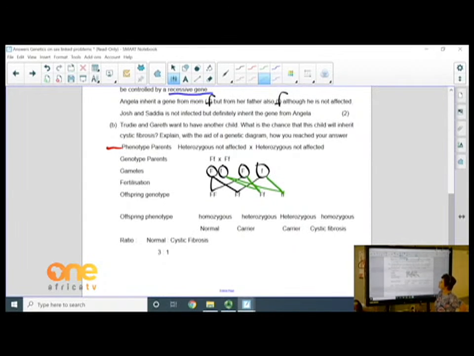So is there a possibility? Yes, they always have a chance of 1 out of 4, or a quarter chance, or 25%, or a ratio of 1 to 3 for cystic fibrosis to normal. Take care that you indicate in which order you give your ratio, please.